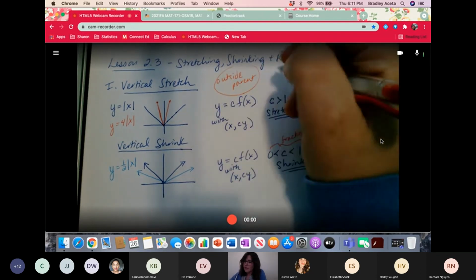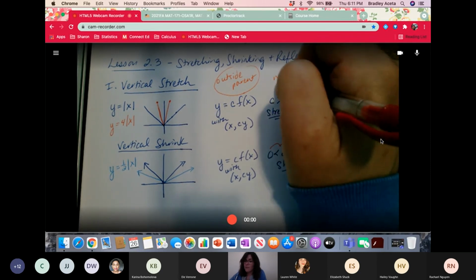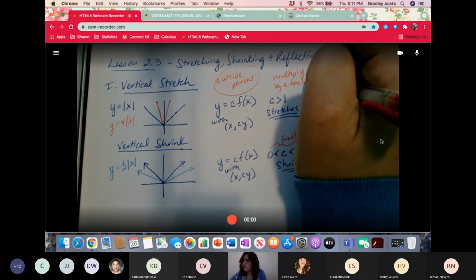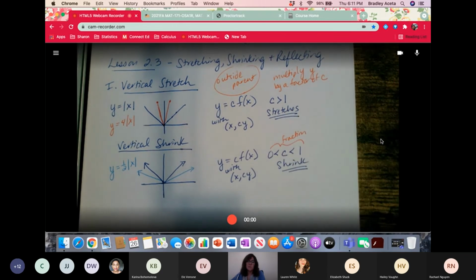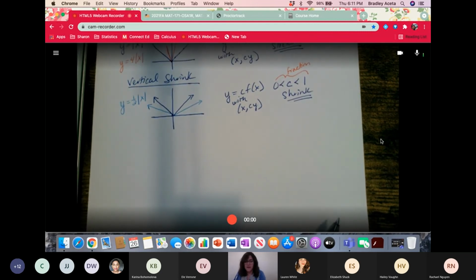So outside the parent, you multiply your y coordinate by a factor of c. Okay? So vertical stretch and vertical shrinking. I still prefer fractions make you fat, but no one in the book likes that saying, so we're going to go with it.